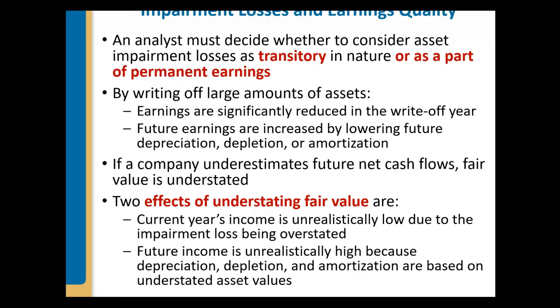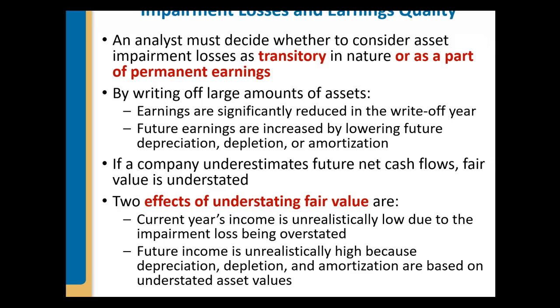We measure the impairment loss as the difference between an asset's book value and its fair value. In most cases, fair value must be estimated, and the estimation process usually involves a forecast of future net cash flows the company expects to generate from the asset's use. So if a company underestimates future net cash flows, fair value is understated.